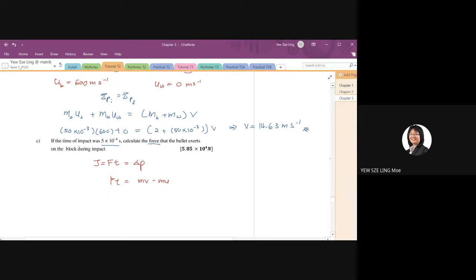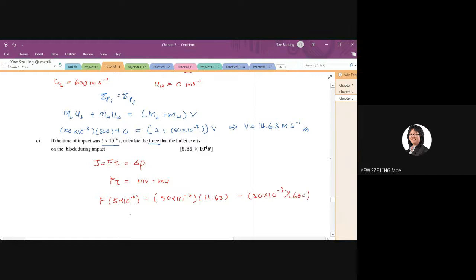So we have Ft, the force of the bullet exerted on the block. The force is unknown. Time is 5 times 10 to the power of negative 4, equals, my bullet is 50 times 10 to the power of negative 3, final velocity 14.63, minus 50 times 10 to the power of negative 3 times the bullet's initial velocity, 600.